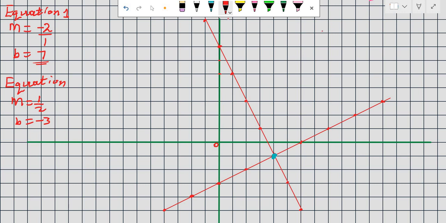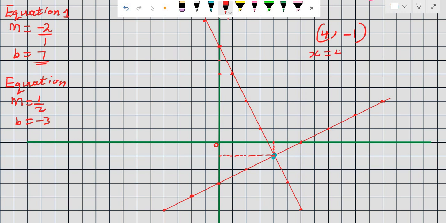So that will be 4, comma, and then from the y-axis, you can see that is at this point here. So this is -1. So from this point, this is 1, 2, 3, 4, and then this is 1. So the solution is x equals 4 and y equals -1.